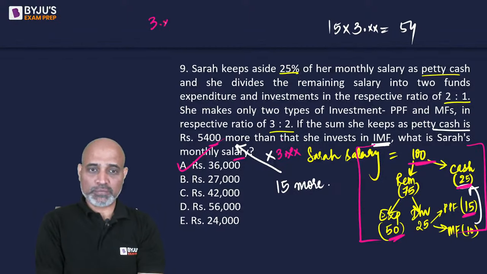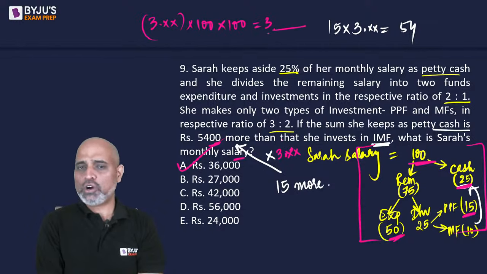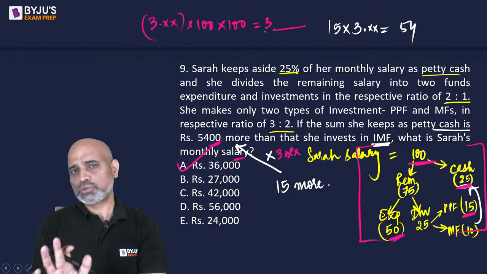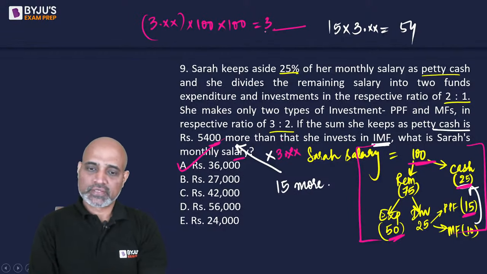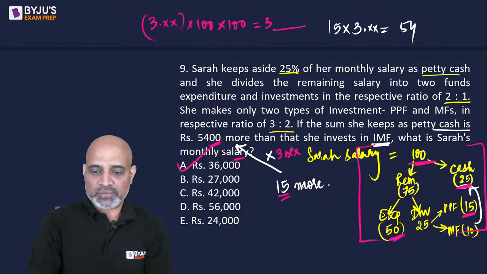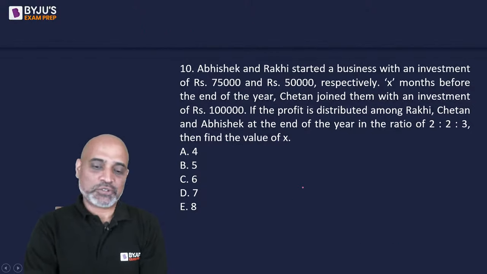Obviously बात है ना, 3 point something into 100 and ये दोनों 0 यानी into 100 will be a number that will start with 3. I don't know how many digits it will have, but 3 से तो शुरू होगा. There is only one option that starts with 3. एक silly mistake और, यही होता है हर बड़ी में.